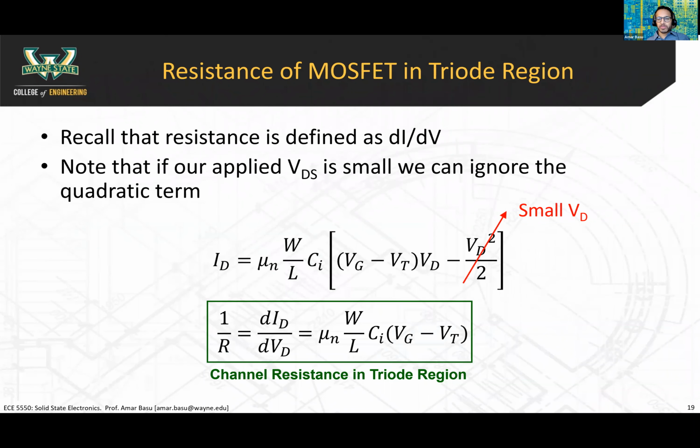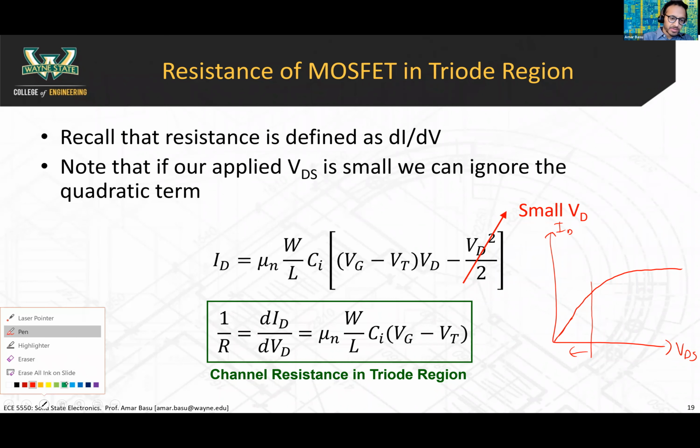Now, one little thing about this is that if you look at the IV characteristic of a diode, I'm just going to draw it here again, VDS and then ID. I mentioned to you that the current voltage characteristic looks something like this. This part here, you can see that this looks very much like a straight line. Why is that?